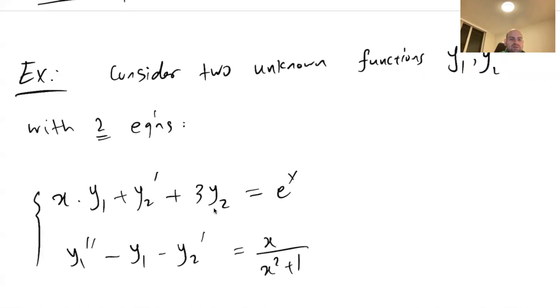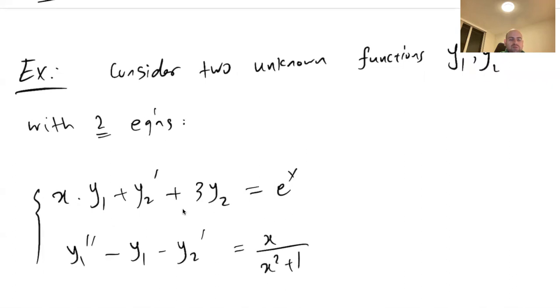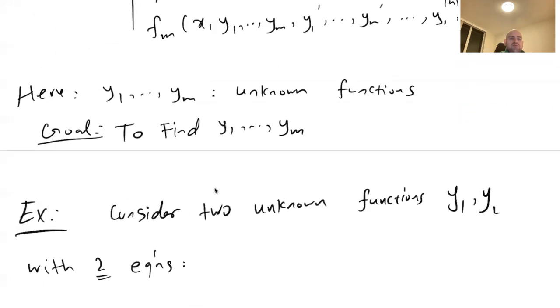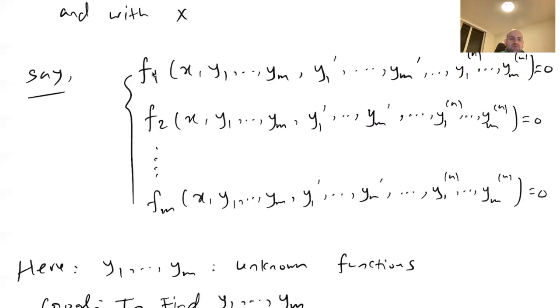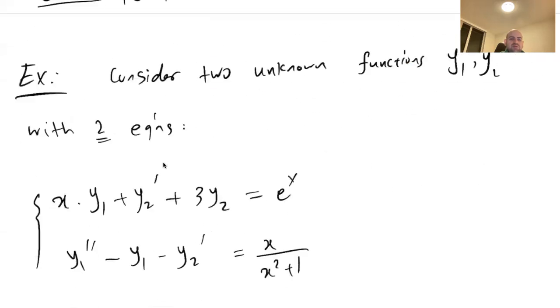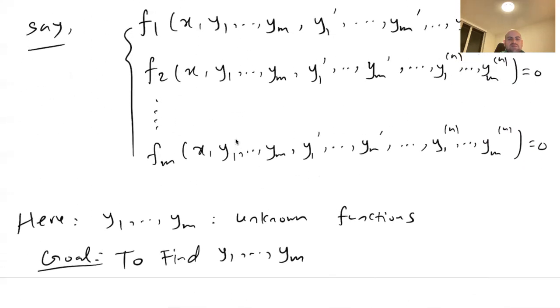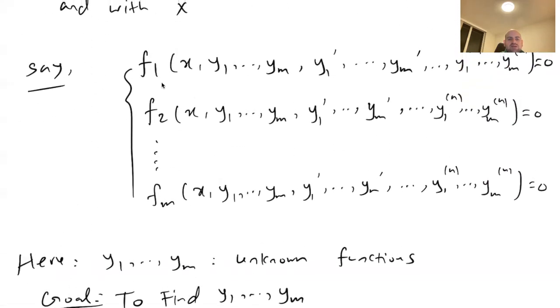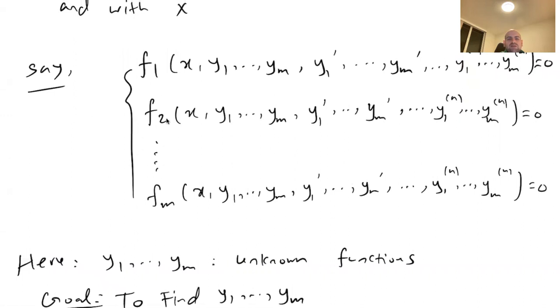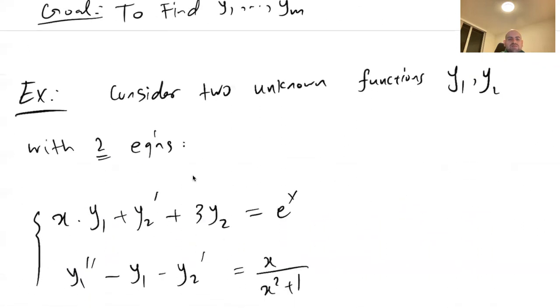So here, we have two unknown functions, Y1 and Y2, with two equations. If you're wondering what F1 and F2 are in this case, you only need to take everything to one side and make the right-hand side equal 0. Because in this notation, if you want to define F1 and F2, you just need to take everything to one side.